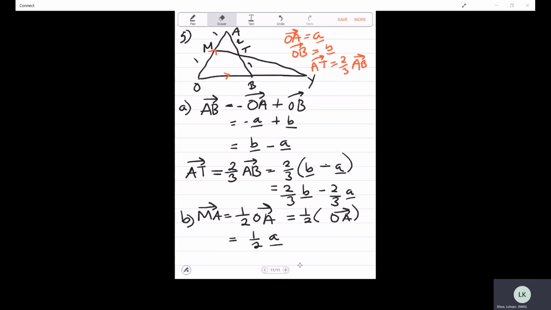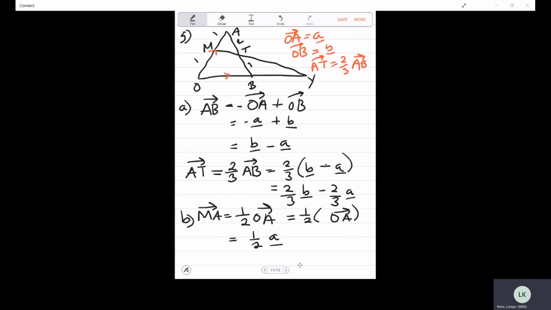And then we need to work out MT. Now to get from M to T, I can go from M to A, because I just worked out MA in the previous question.